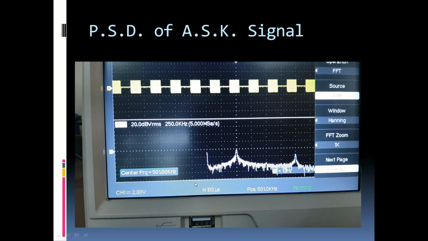This can be easily done by moving the knob. The center frequency observed in this case is 500 kilohertz, though if you remember, the carrier signal that we set was 1 megahertz, but on another occasion I have taken this snapshot, so during that particular time the carrier frequency was set to 500 kilohertz, so you can observe a peak at 500 kilohertz.